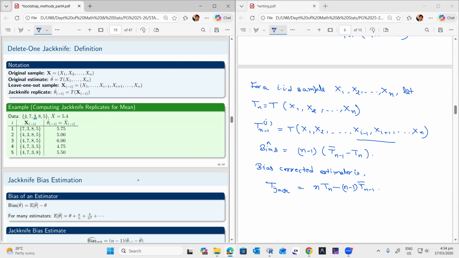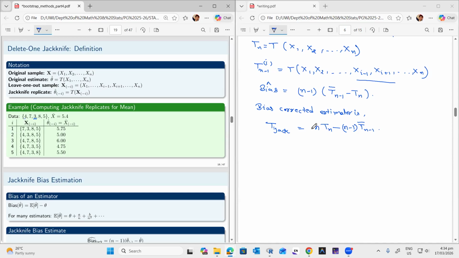So we remove one observation and calculate on the sample of size n minus 1 every single time. So the sample size will not change. Suppose we have a sample of size n; every single time we collect a sample of size n minus 1.